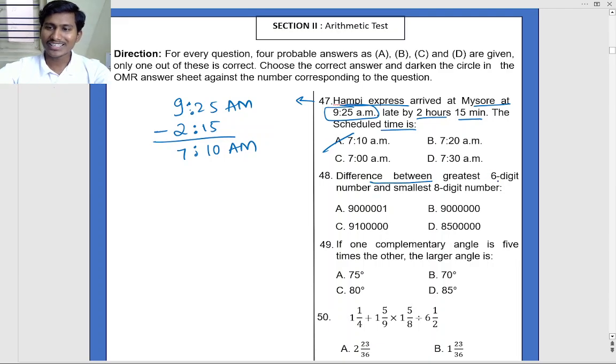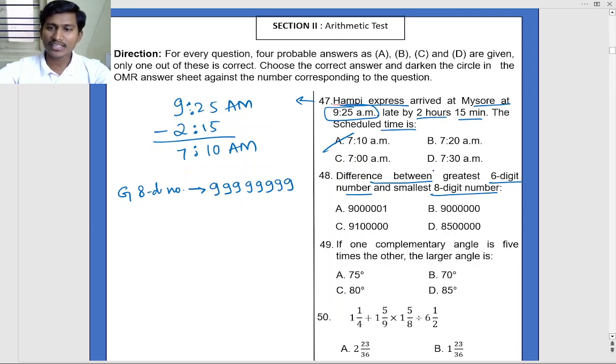Difference between greatest 6-digit number and smallest 8-digit number. So we know how to find the greatest 8-digit number. For greatest we have to repeat 9, eight times.